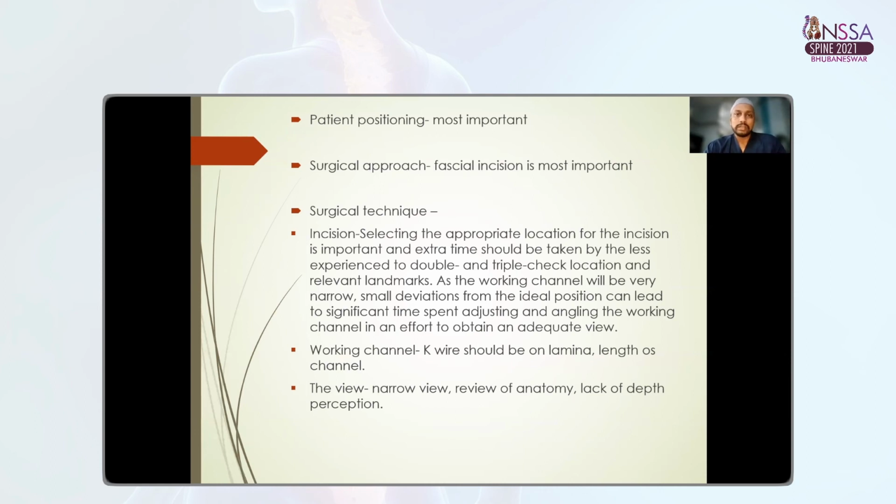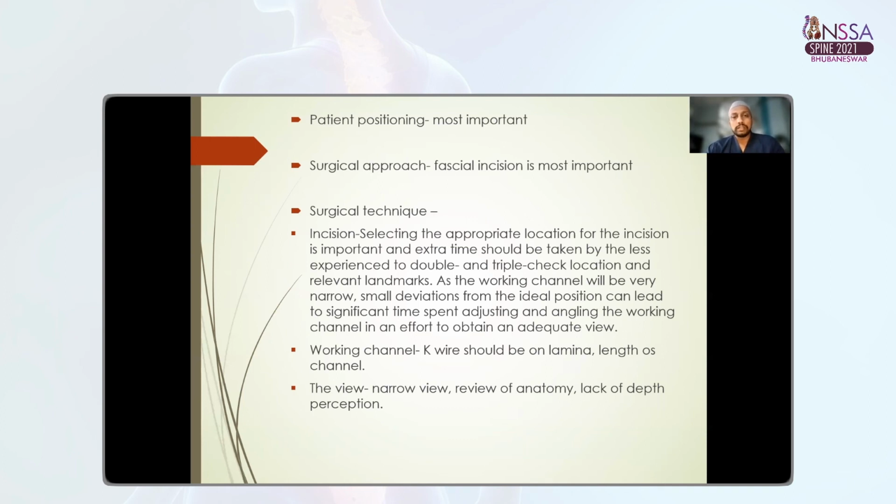Surgical approach is very important, and a fascial incision is what is different in the minimally invasive approach compared to the open approach, as it prevents muscle dissection and muscle injury. So the fascial incision has to be proper. Coming to the surgical technique: smaller incision.